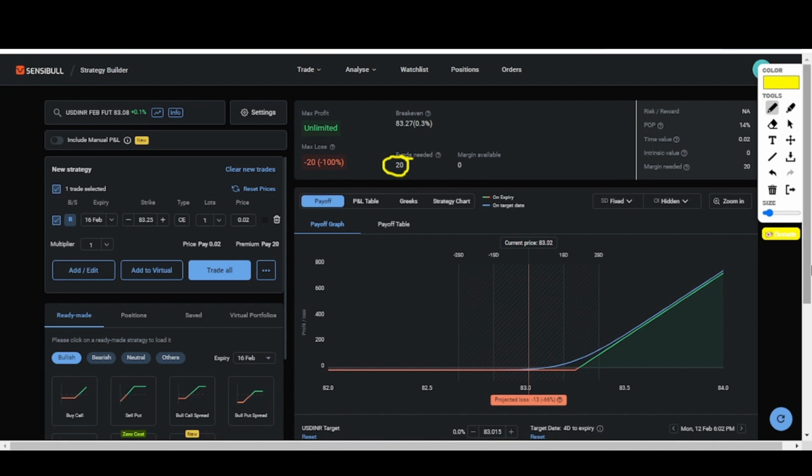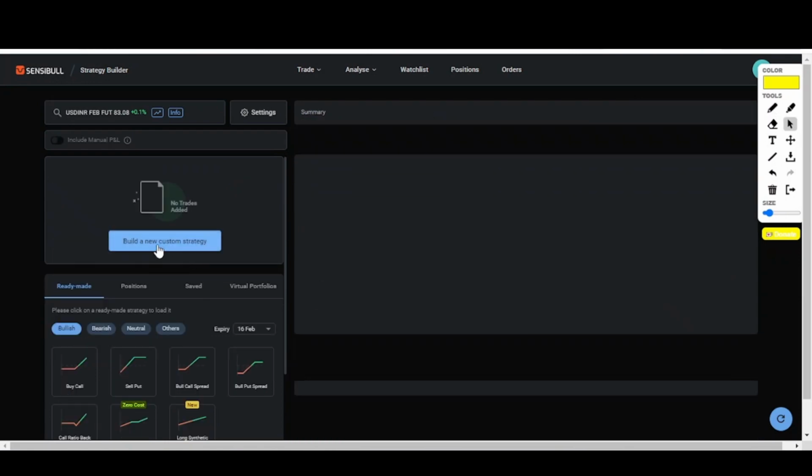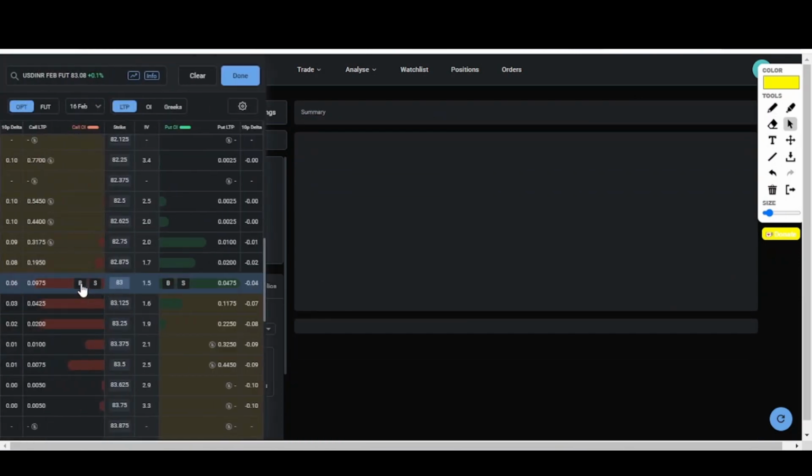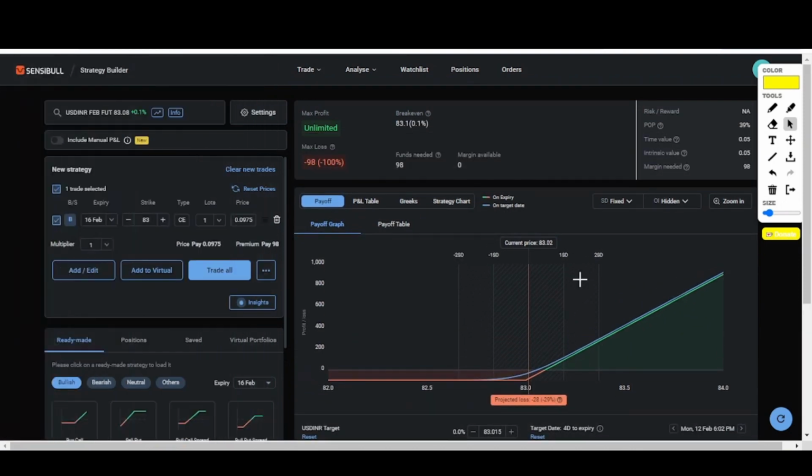Now we will see, even if you are trading ATM options, you will be wondering. You observe the capital requirement is hardly 98 rupees. It's less than 100 rupees. Correct? In this manner, we can buy options with less than 100 rupees.